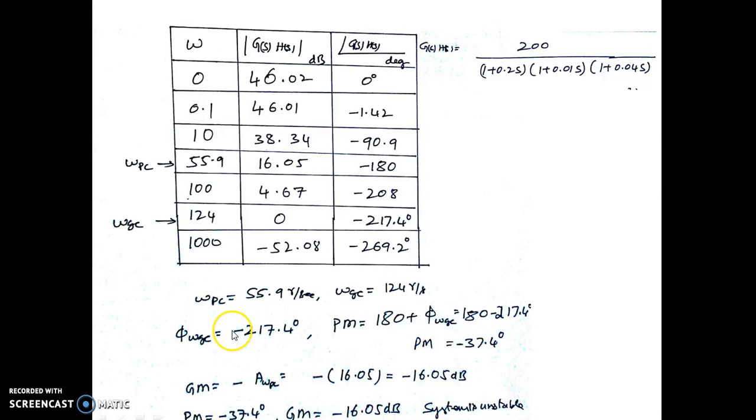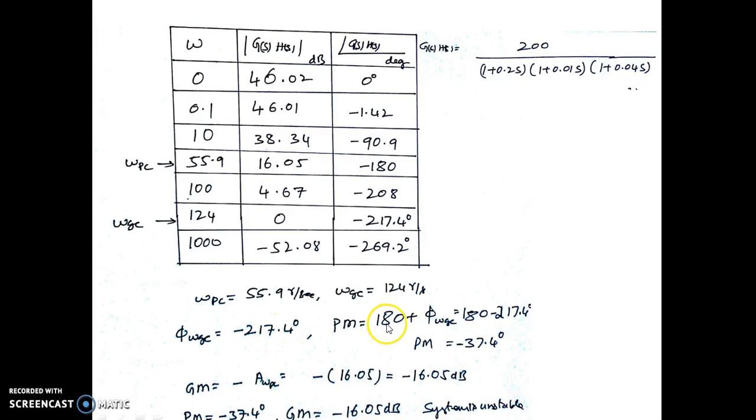The corresponding phase at omega gc is minus 217 degrees. Now the system has to be unstable. So that's what we found in the previous case. Since omega pc is coming earlier than omega gc, the system has a phase of minus 217.4 degrees.